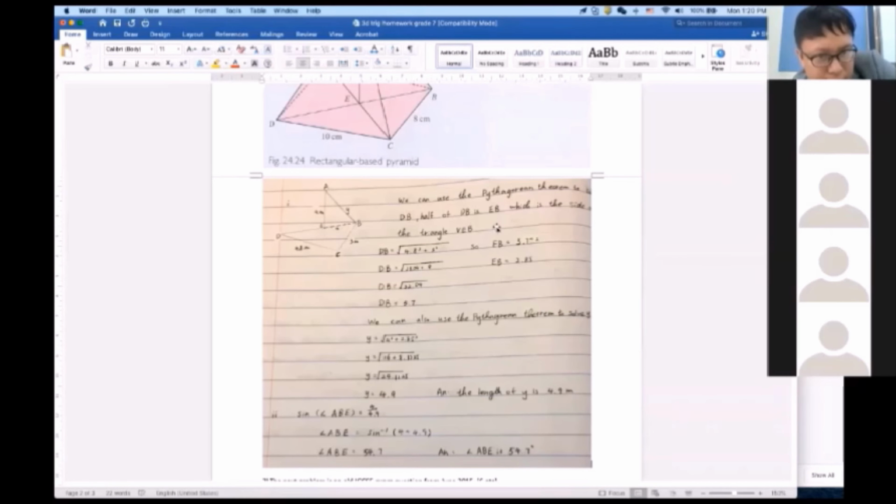Half of it is 2.85. We can again use the Pythagorean theorem to calculate the y, which is 4.9.